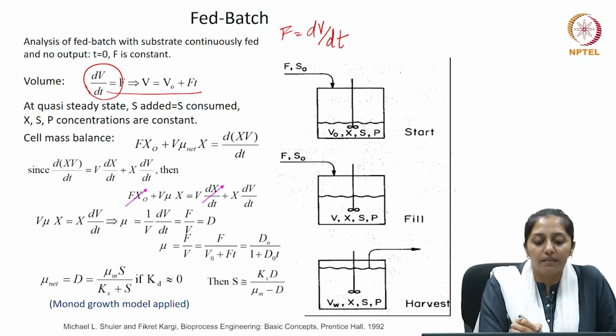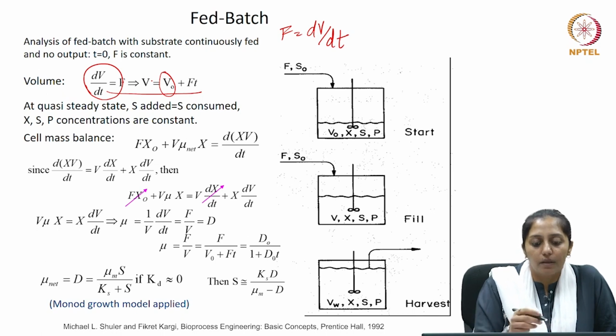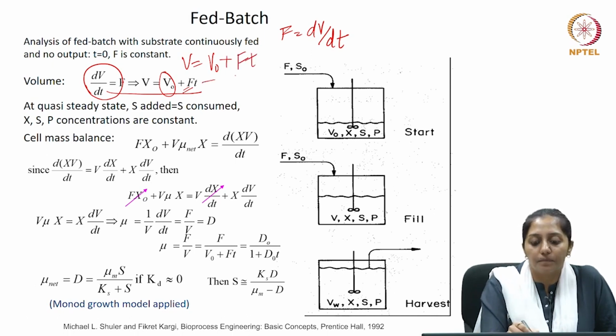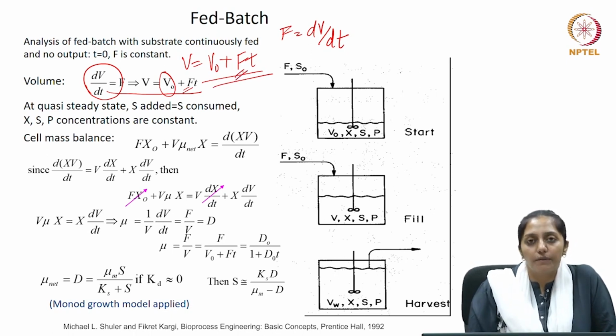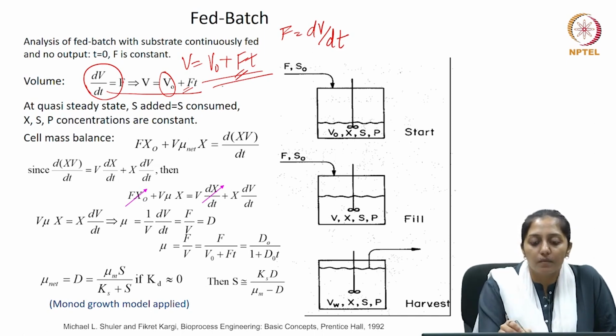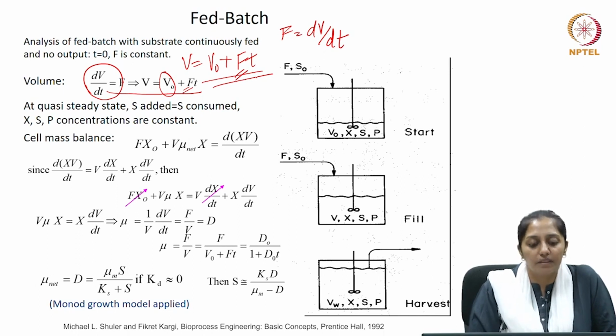Now, if you integrate this and assume that the initial volume inside the reactor is V naught, then because of the continuous feeding entering the reactor, your volume will keep changing as a function of the flow rate and time. Now, this F here is a constant, because it is a constant feed flow rate system. So, the volume will keep increasing with time.